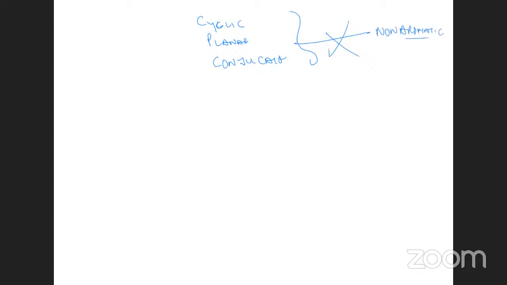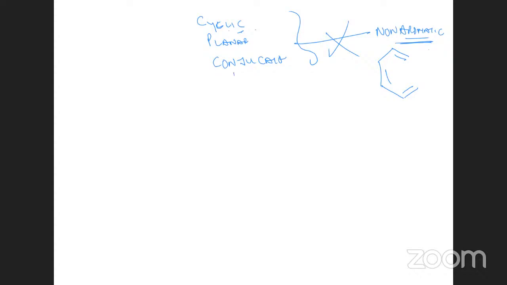Okay, it's like a half open cycle. So if I draw something like this, this is a skeletal diagram. See, it is not cyclic. It is planar, but conjugated. They are okay, but it's not cyclic. So as a result, this is non-aromatic.